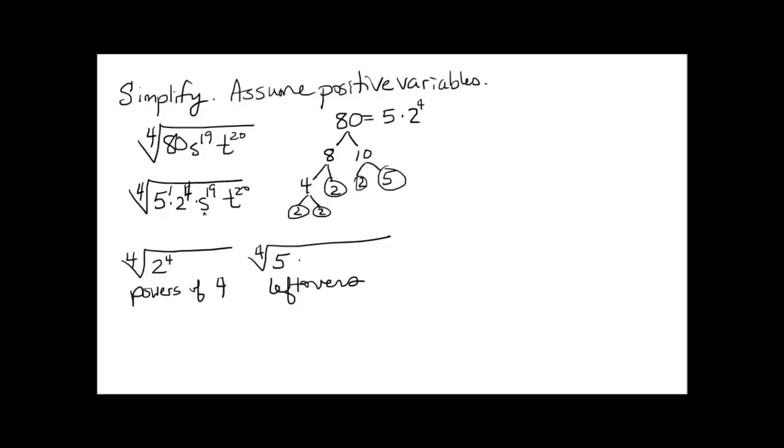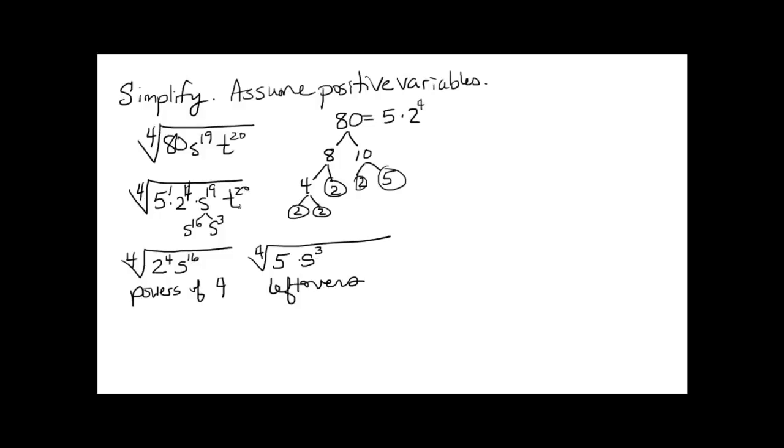So that would be 16, right? 16 is divisible by 4. So that means I have to break off 3 factors of s so that I can get my s to the 16th to go into my powers that are divisible by 4. And then I'll have my s cubed in my leftovers.